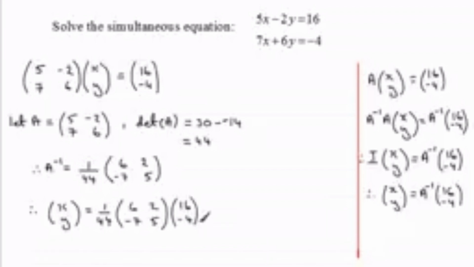The first thing I'd want to do now is just leave the 1 over 44 there, and we'll multiply the matrix 6, 2, minus 7, 5 with 16, minus 4. That's going to give us a matrix. We're going to do 6 times 16, which is 96, and then add 2 times minus 4, which is minus 8. So 96 minus 8 gives us 88.